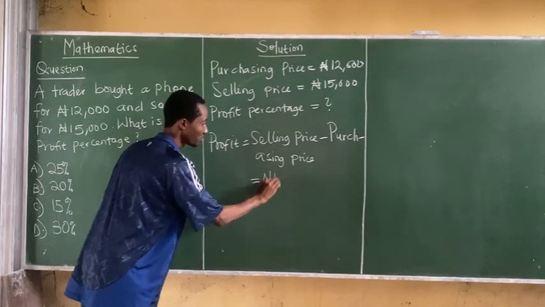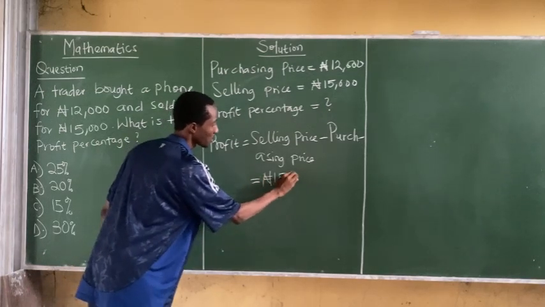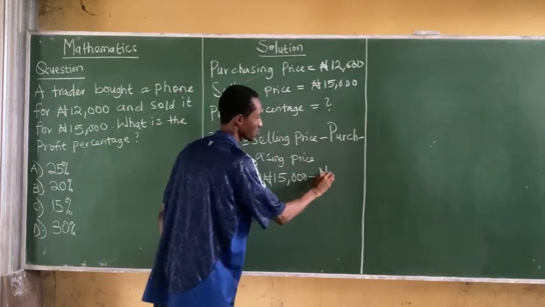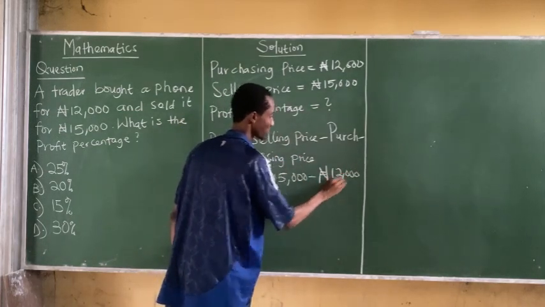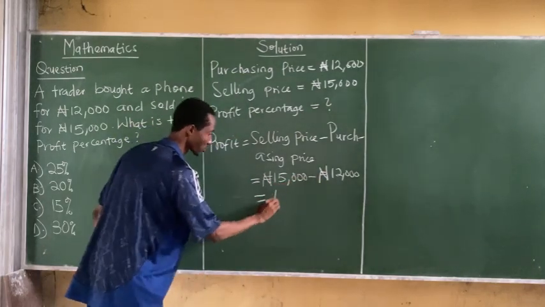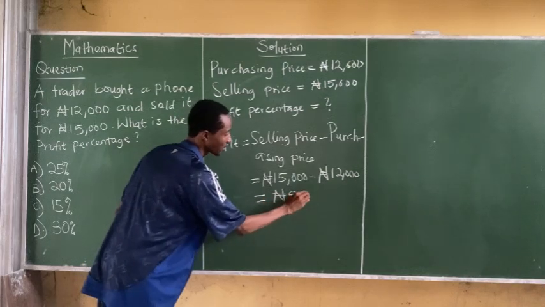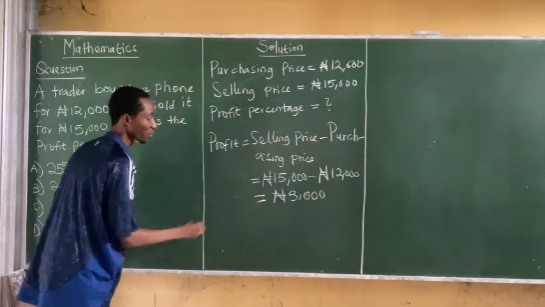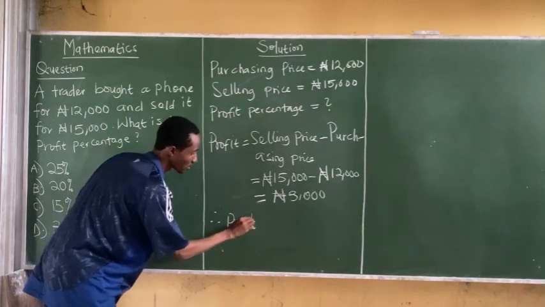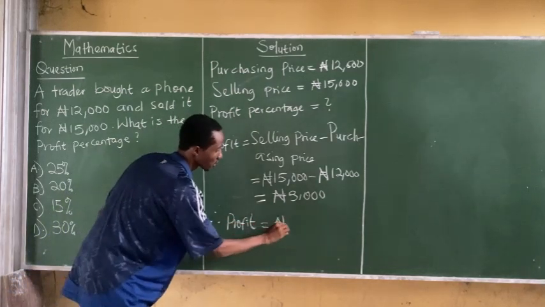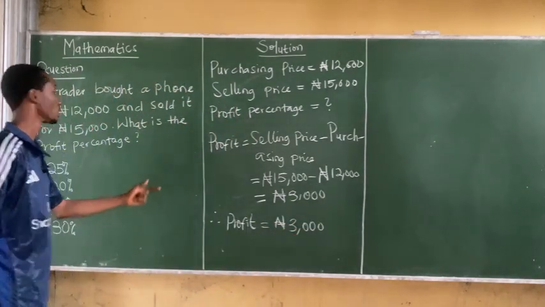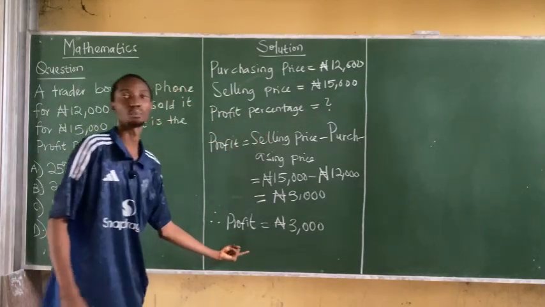So we have 15,000 naira minus the purchasing price, 12,000 naira. 15,000 naira minus 12,000 naira will give us 3,000 naira. Now this is the profit. Therefore, the profit is 3,000 naira.